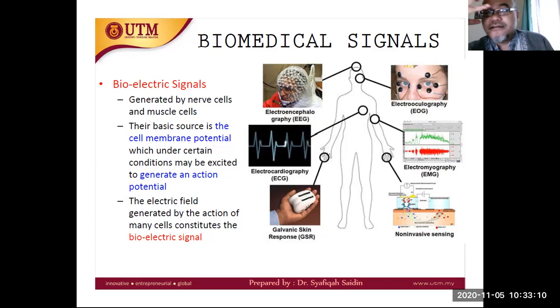and then based on that assessing some physiological condition of the eye. Electrocardiography we have discussed, electromyography also we have discussed. Then galvanic skin response, this is also measuring some electrical parameter in the fingers, and some non-invasive sensing, as we have mentioned, also by measuring the impedance.